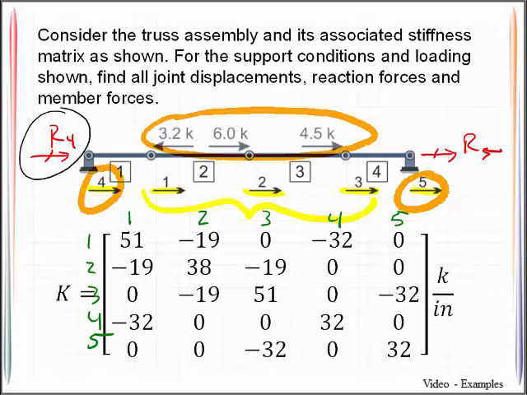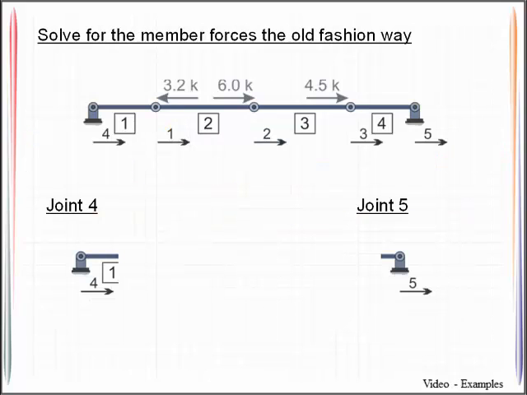Notice the directions we assumed. So that means that if I were to sketch this on my diagram now, I know that this reaction is 1.23 kips. This is 6.07 kips. So currently we have the joint displacements. We also have the reaction forces.